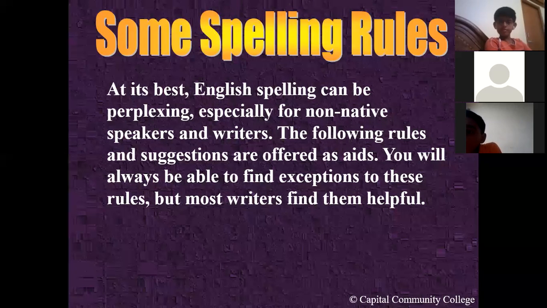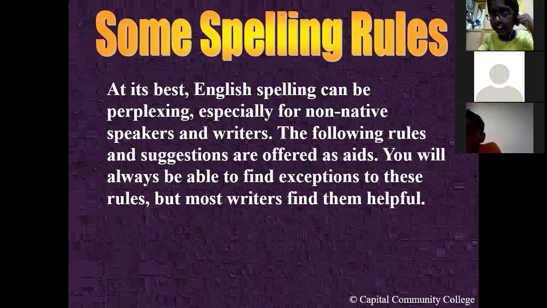So what the meaning of this paragraph is: for non-native speakers of the English language like us, whose mother tongue is Telugu, English spelling seems a little bit difficult and confusing.